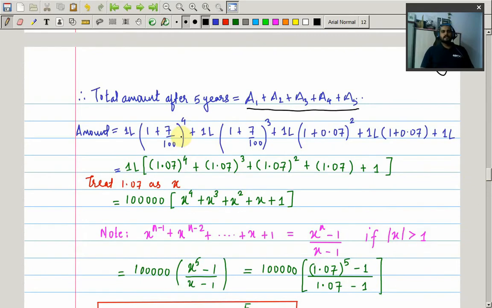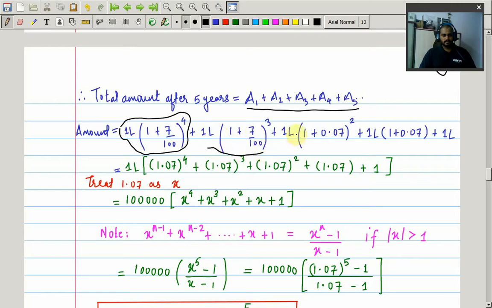Here I have used a few shortcuts to avoid the burden of writing. So 1 lakh is 1L. A1 is this: 1 lakh, 1 plus 7 upon 100 raised to 4. 1 lakh, this is A2.